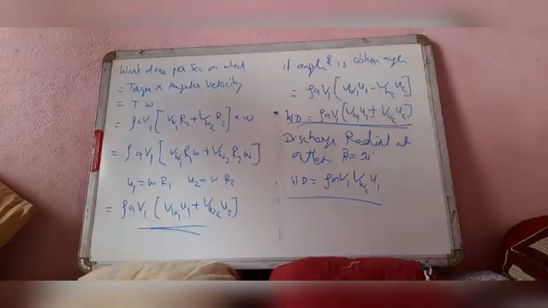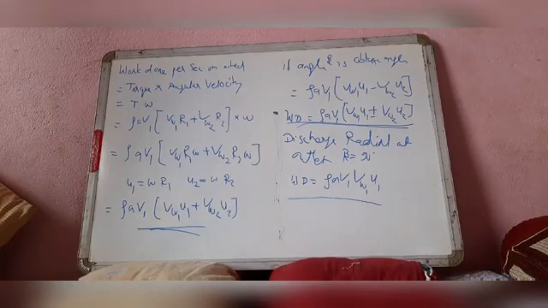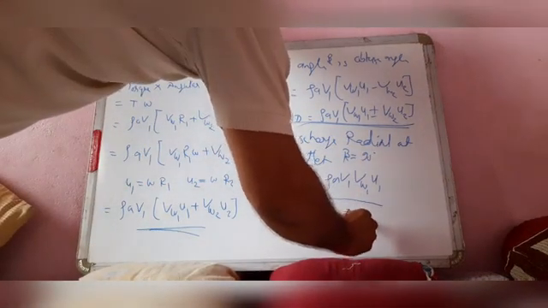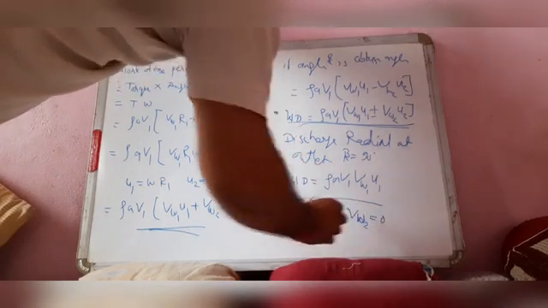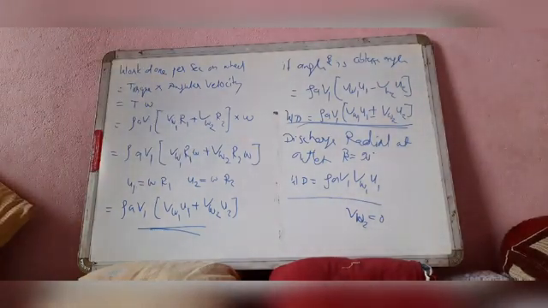This is the equation, because here VW2 is equal to 0.